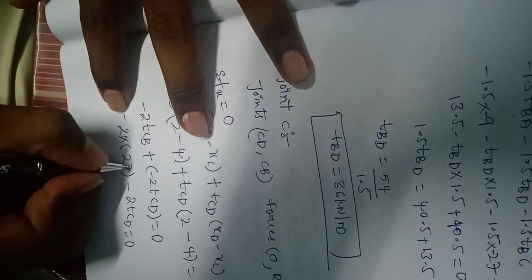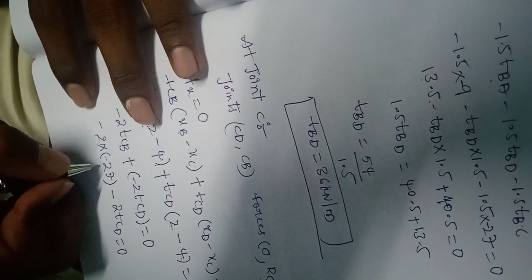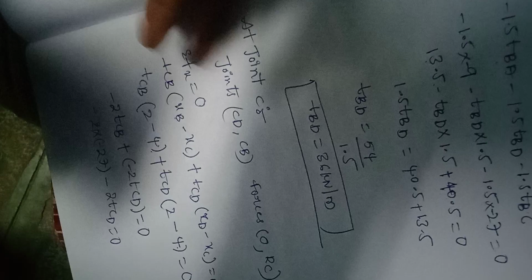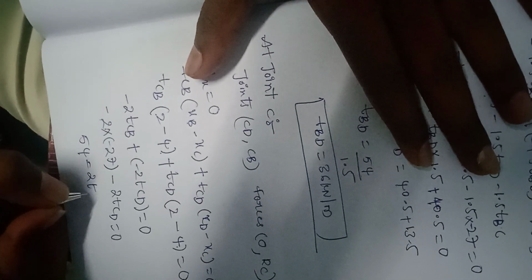Therefore 27 into 2, how much did you get? Let us do it in the calculator. 2 into 27, how much? 54. Okay, 54 equals 2 into TCD.